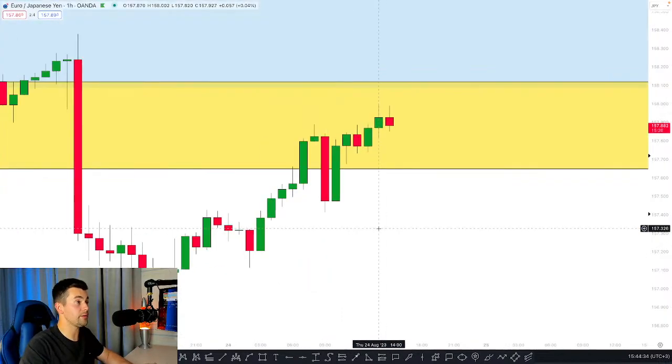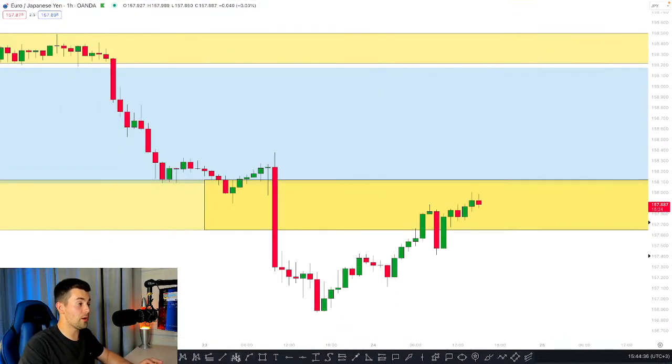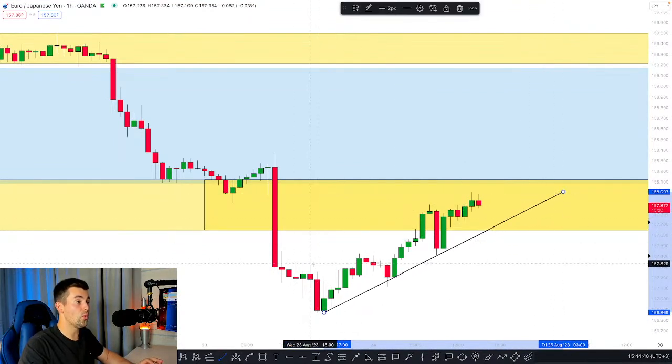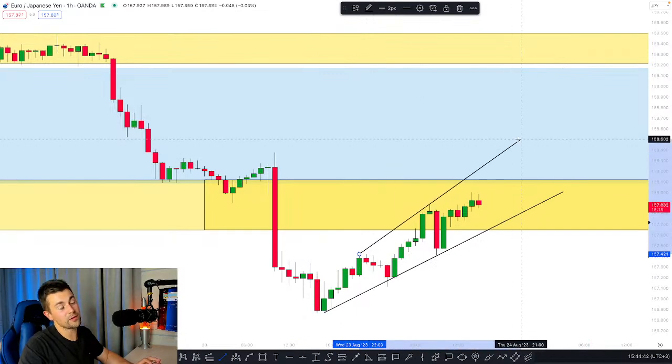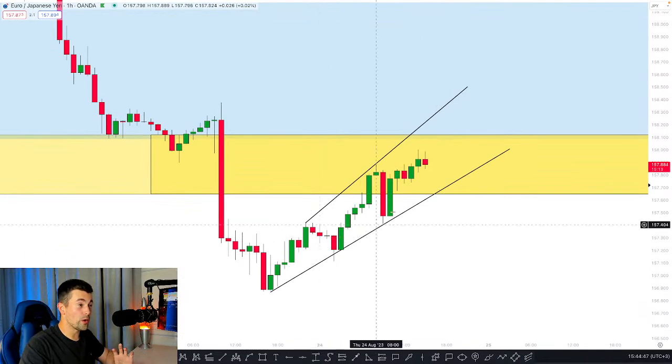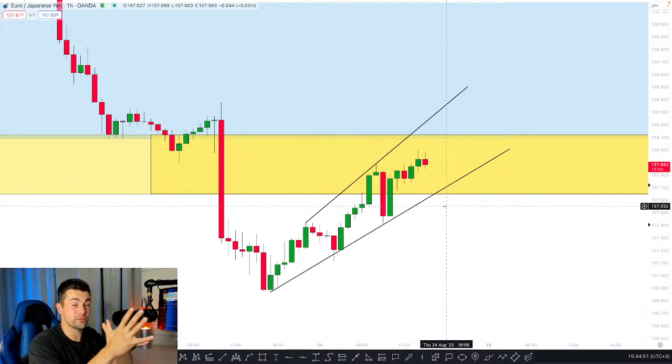On an hourly time frame, what we can spot is that the market is kind of correcting within that bearish flag pattern. You can see that now the market is trading within the boundaries of that channel, and within that channel the market is steadily recovering.